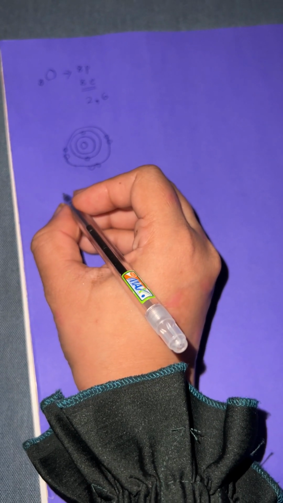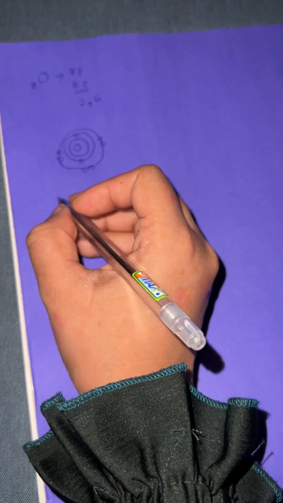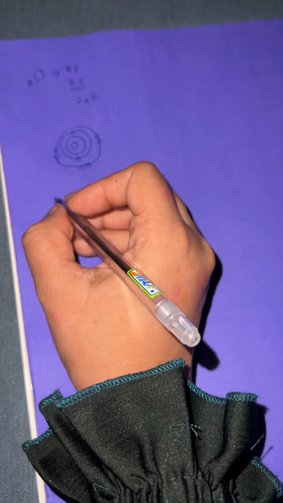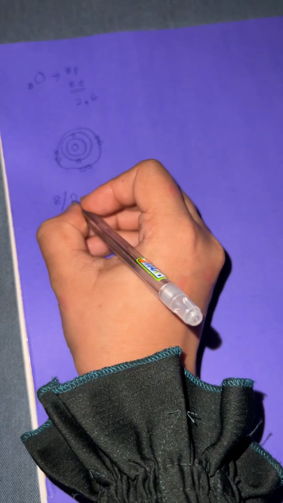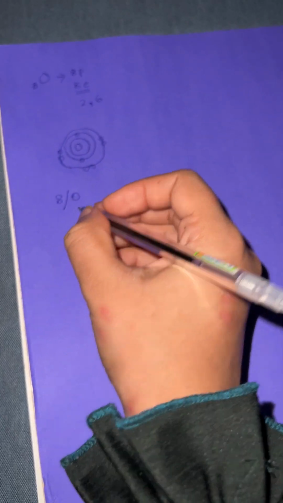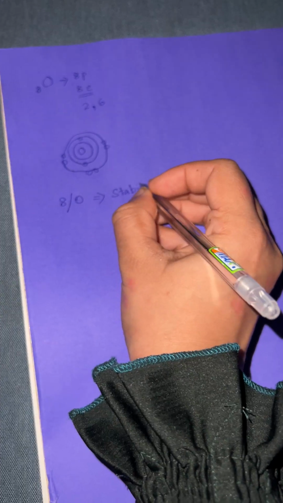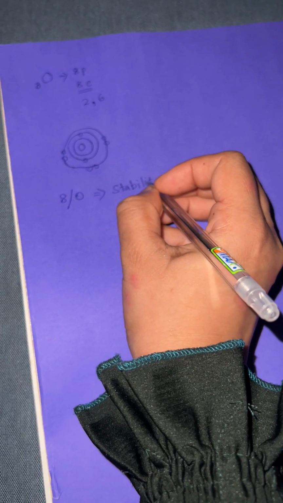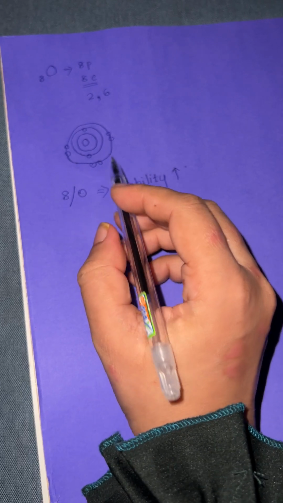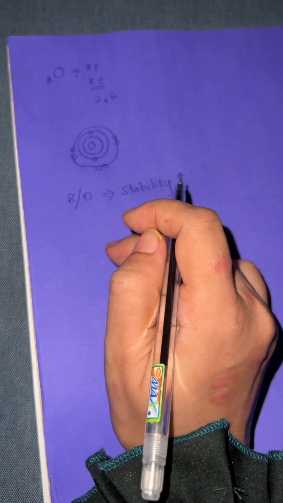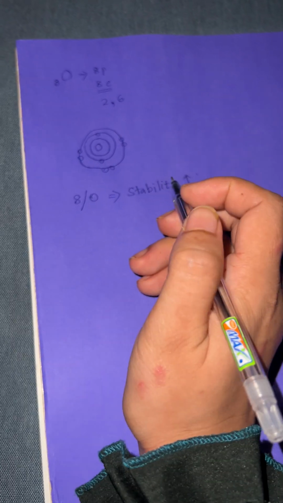Now in the periodic table, group 8, or the 0 group, is very stable, because the electrons are always packed to the maximum number.